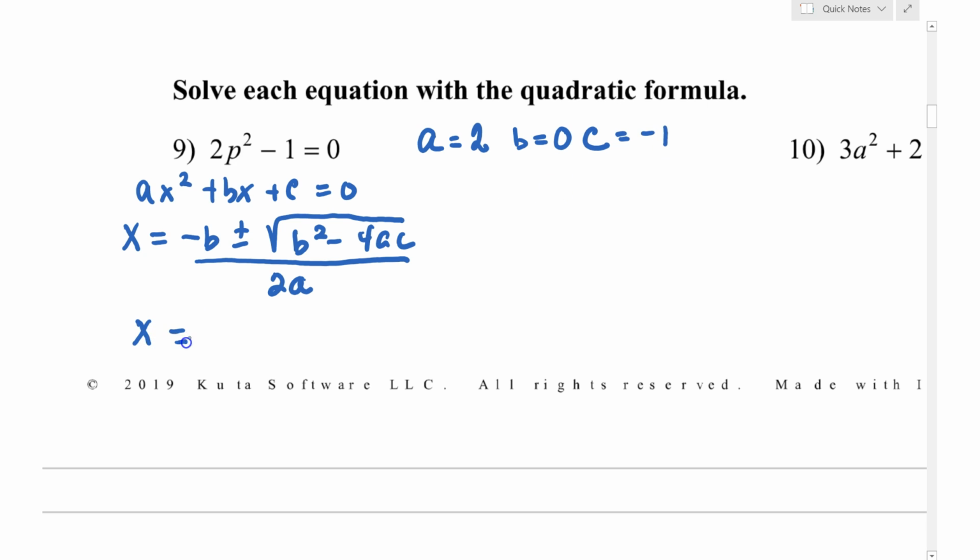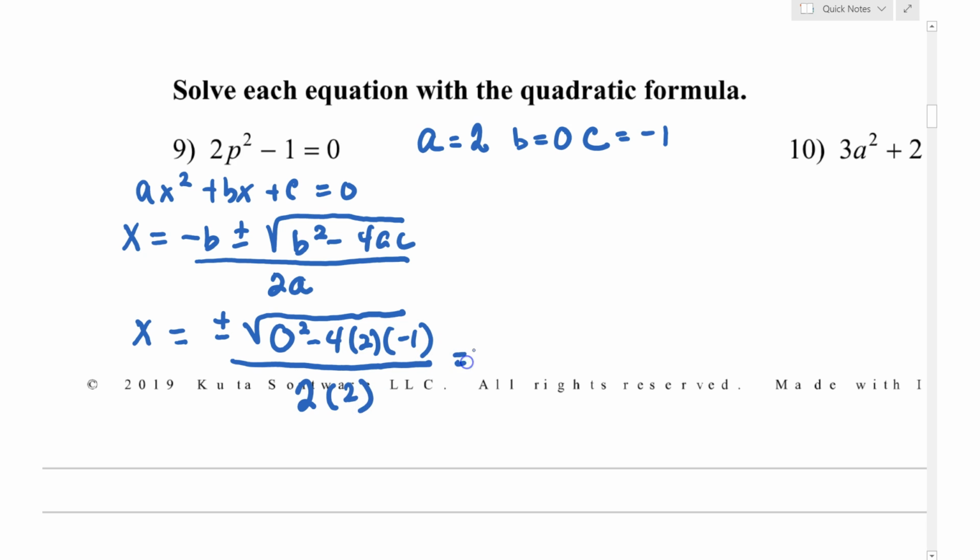So you have x equals plus or minus square root 0 squared minus 4 times a times c divided by 2 times 2. So we have 0 squared is gone. We have plus or minus square root.